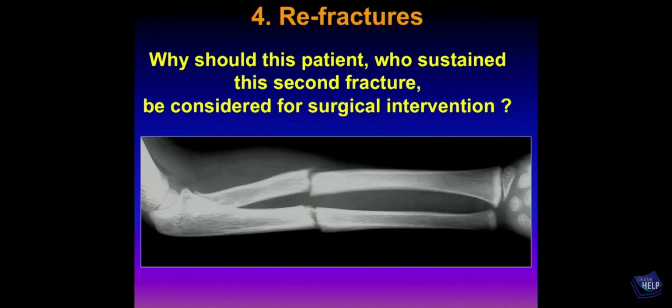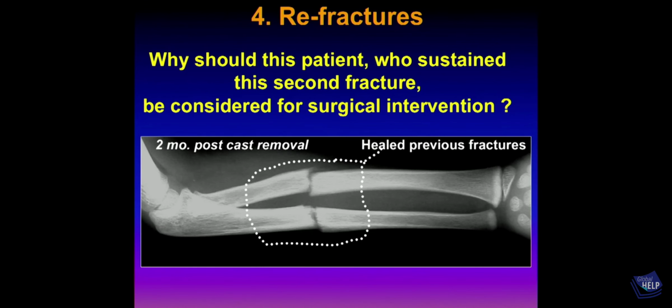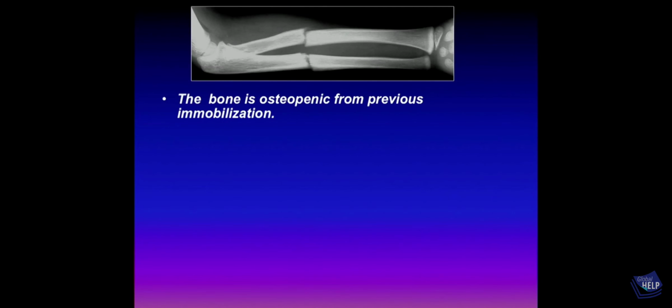Now, here's a refracture, who sustained a second fracture. Should this be considered for surgical intervention? Well, he's 2 months post-cast removal, and he had healed his previous fractures, but he refractured. And usually the problem here, he's been in a cast for how long? 8 weeks, 4 weeks long arm, 4 weeks short arm cast.